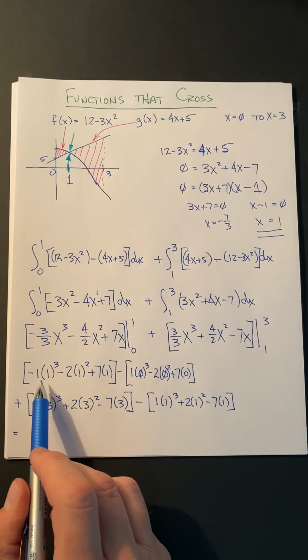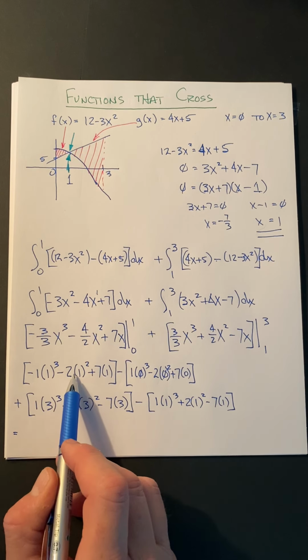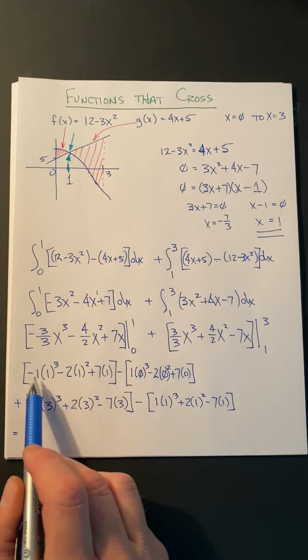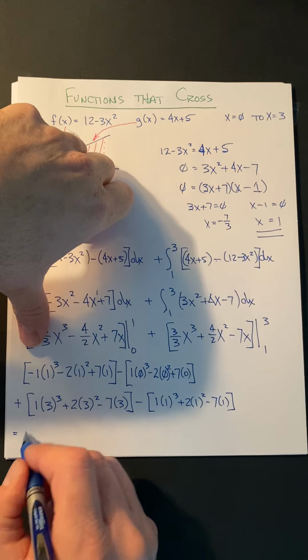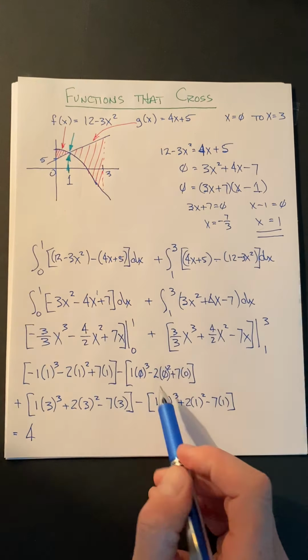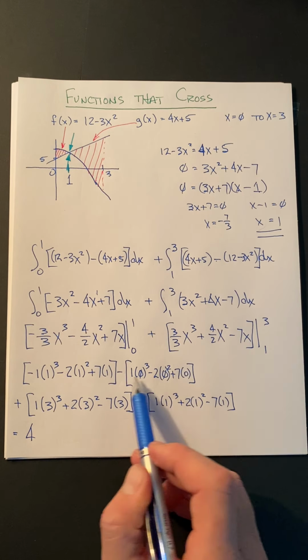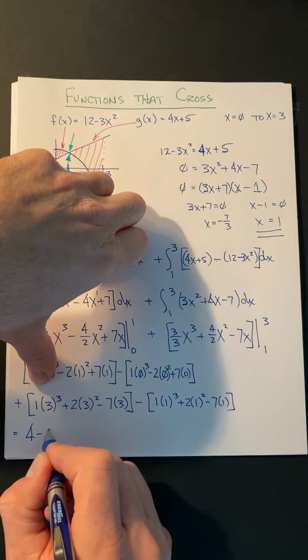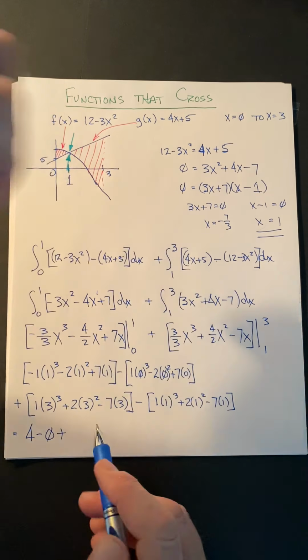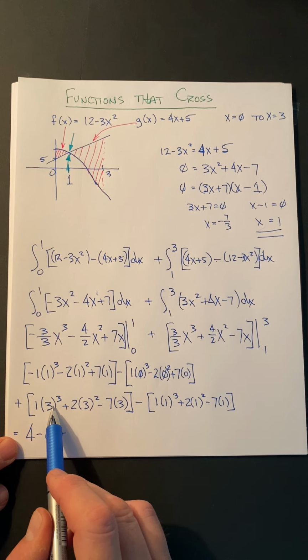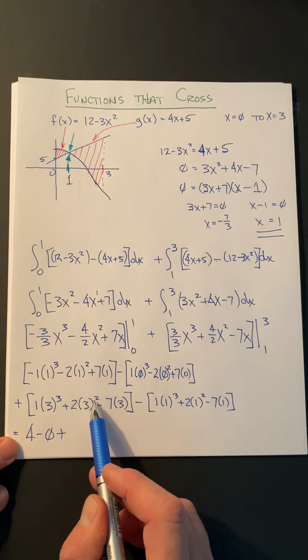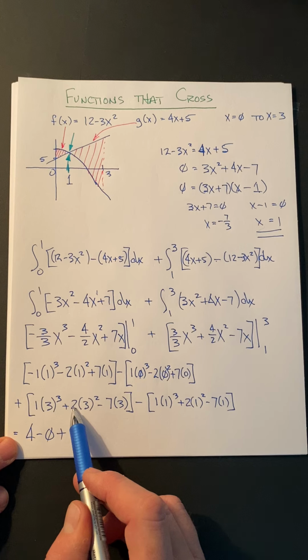In this first one, I get minus 1, minus 2, so that's minus 3. Minus 3 plus 7 is going to be 4. That's all going to be 0, isn't it? So minus 0 plus 27, which is 3 cubed, plus 3 squared is 9, times 2 is 18.